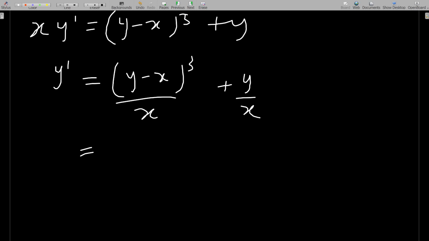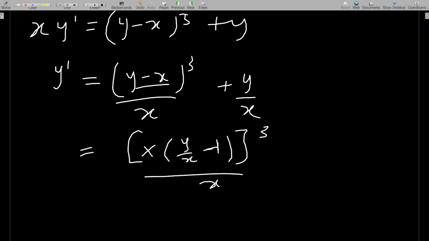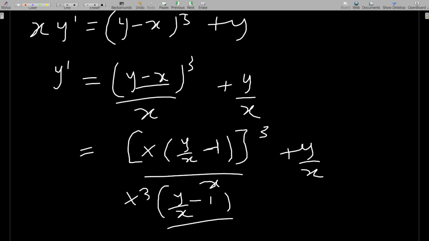Okay, that is the same as factoring x out in this numerator. You have y over x minus 1, then all cubed. When I factor x out here, that is what I have. Then x plus y over x, then I have x cubed out, y over x minus 1 over x, and plus y over x.